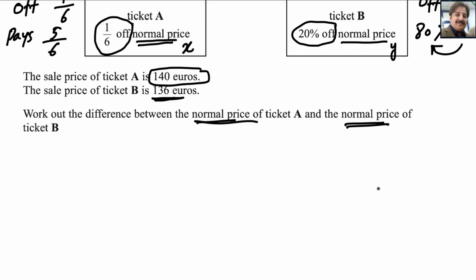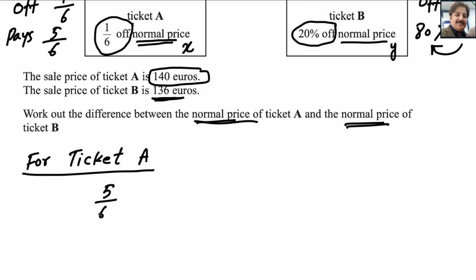Now, I suppose for ticket A, the normal price is X. I already supposed it. He pays 5/6 of X, and he got the price 140. From here, you can easily get the value of X, like the price for normal.